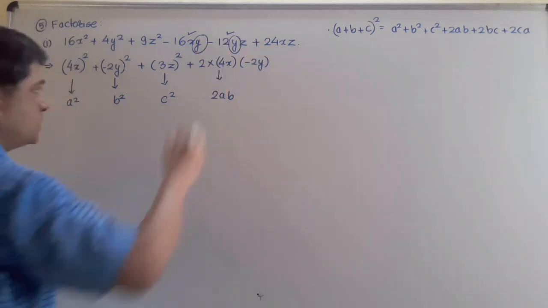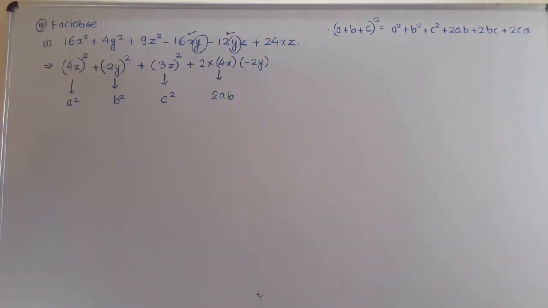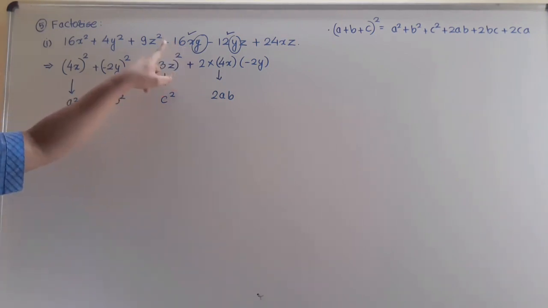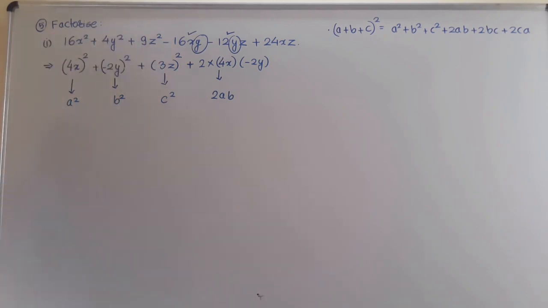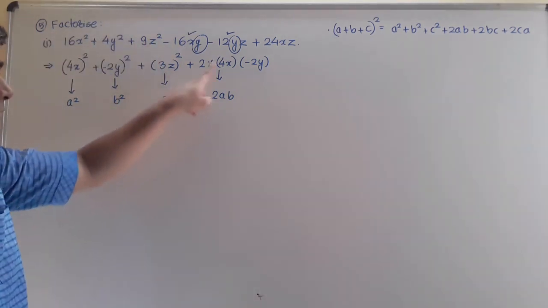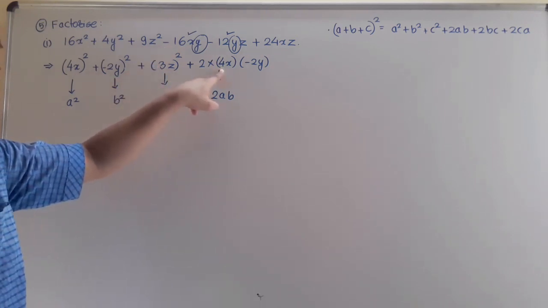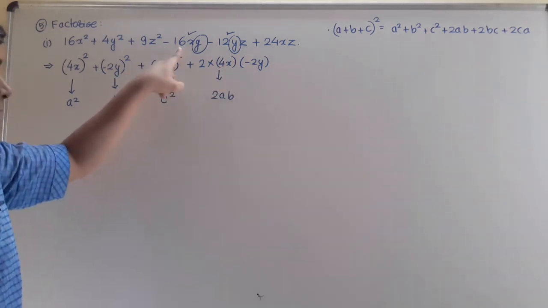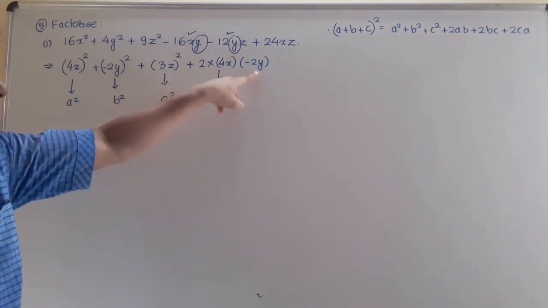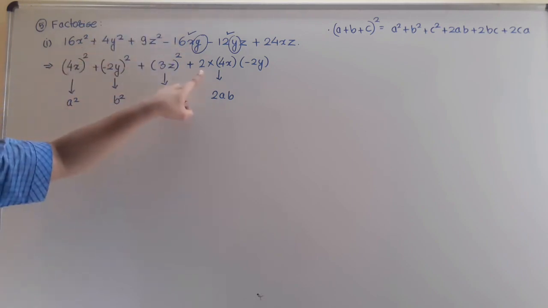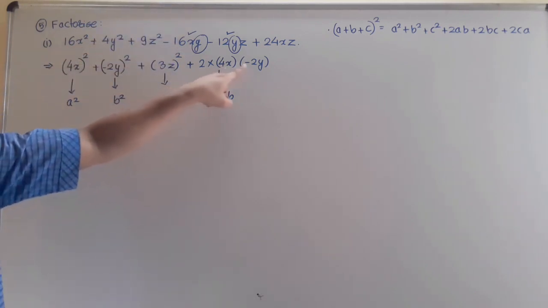You can cross check by multiplying all three terms, 2, 4x and minus 2y, to check whether we get 16xy with a negative sign or not. The negative sign will come because plus into minus will definitely be minus. 2 into 4, 8. 8 into 2, that will be 16, and x and y come as they are. So given 16xy, I just wrote it in the form of 2ab.